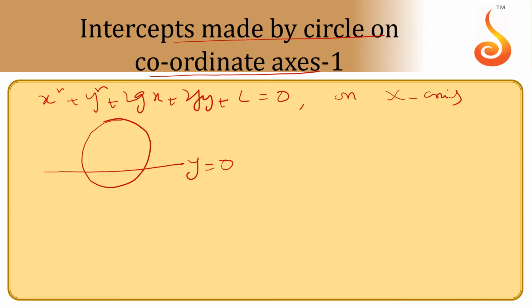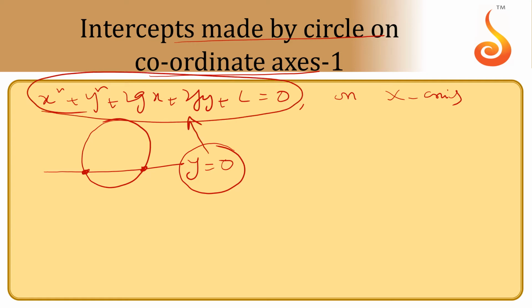So the intercept we can find only if that line meets the circle in two different points. So as you know, this is the part which is intercepted by the circle on the line x-axis. How to get it? Use algebra. Insert this locus into this locus.